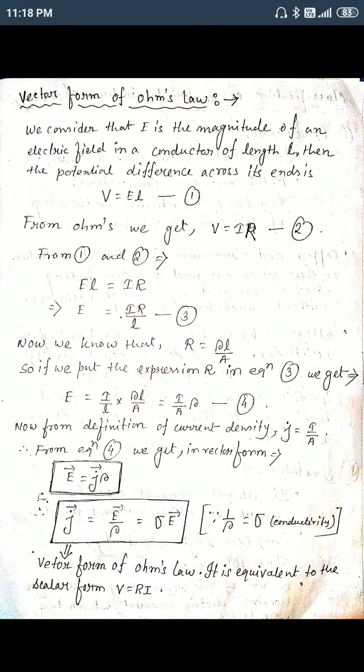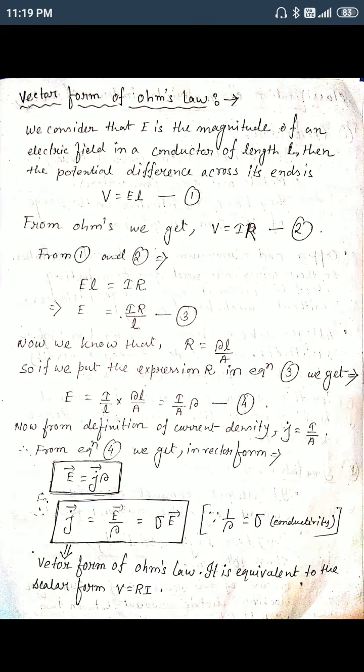So here we consider the magnitude of the electric field is E of a conductor whose length is L, and the potential difference across its ends is V equals E into L. We know this. From Ohm's law we have V equals R into I. So from here we see that equation 1 and equation 2 both are equations of V, potential difference.